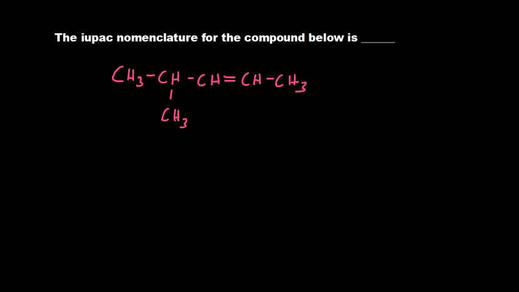Now let us go to our final question in this video. The IUPAC nomenclature for the compound below is dash. Now, when naming compounds, let me give us two tips that can help us. The first is trace the longest chain.